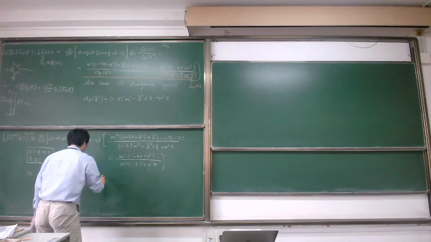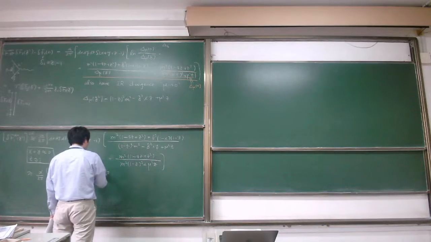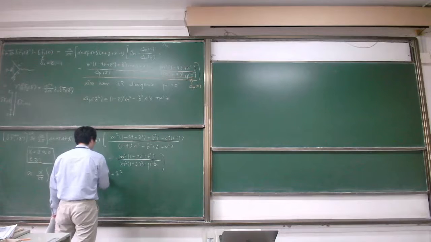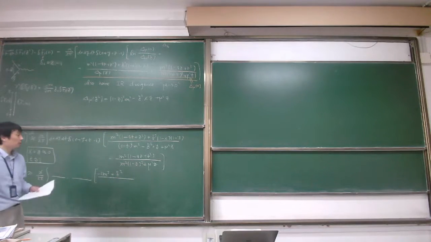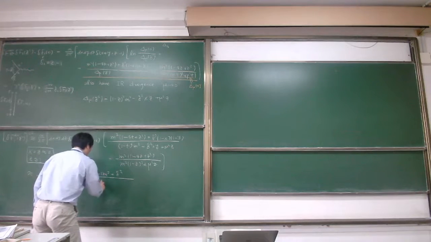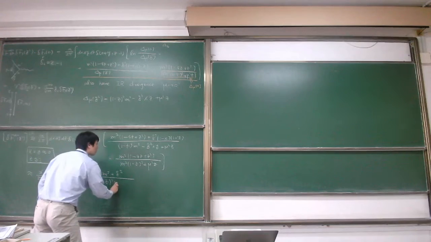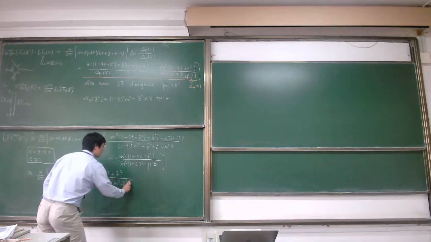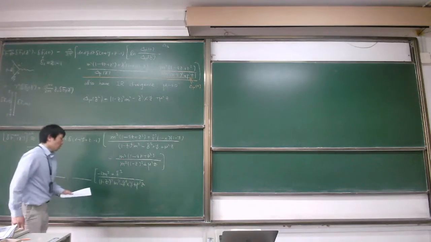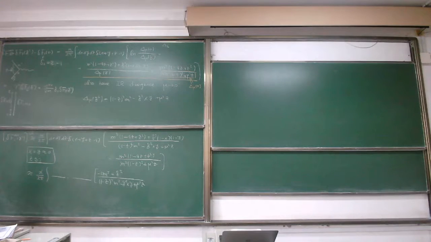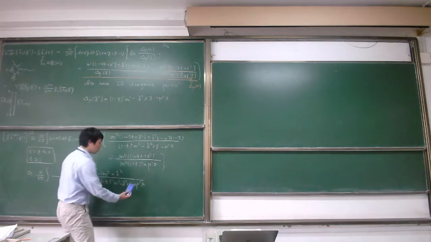So this becomes n squared minus 2 plus q squared. And the denominator, we have to keep track of it because it is an important part: 1 minus d squared m squared minus q squared xy plus mu squared times z. And z is approximately 1, so just ignore it.